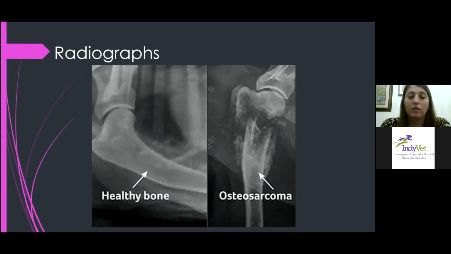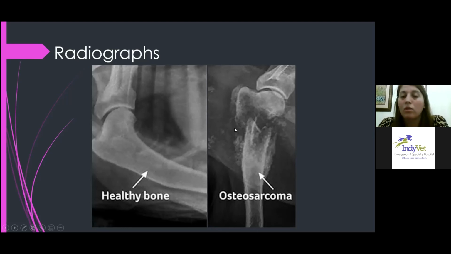This first picture compares a diseased humerus with a healthy one. On the left here, this is a very healthy bone, nice cortex, nice medullary cavity. On the right here is osteosarcoma, where you have a very irregular lysis of the area.